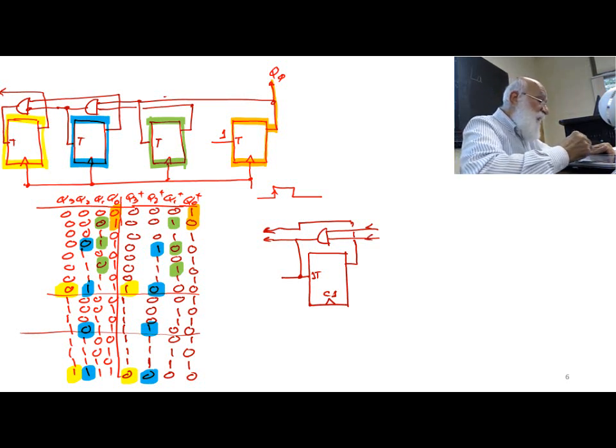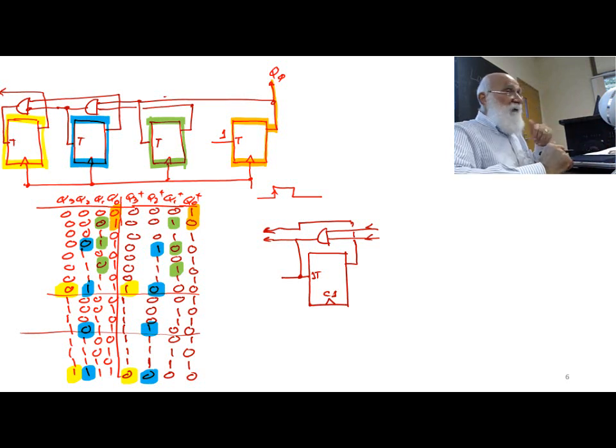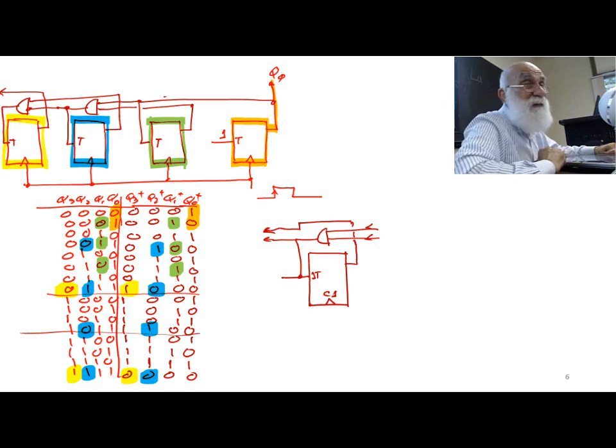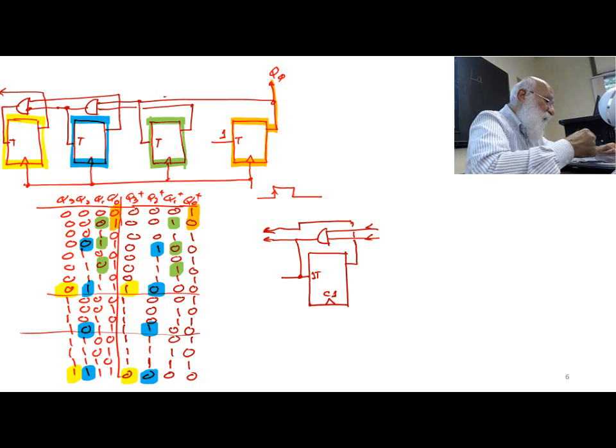Okay, so whether I need the AND gate or not, I can just repeat this. For the rightmost flip-flop, I don't really need these AND gates.